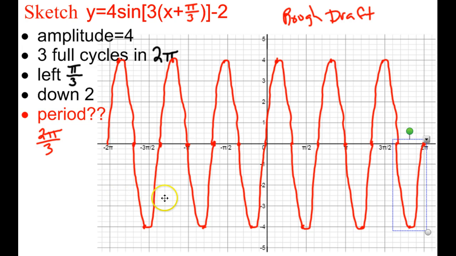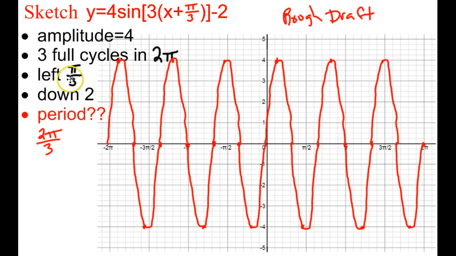Okay, so as we fill this in, essentially this is what we see, and our graph looks basically like this. So again, this is now the amplitude and the 3 full cycles. You can see pretty clearly I have my 1, 2, 3 full cycles in this same section here, same sort of thing.